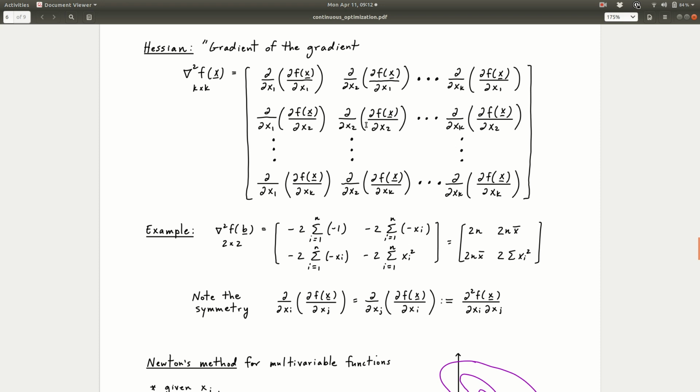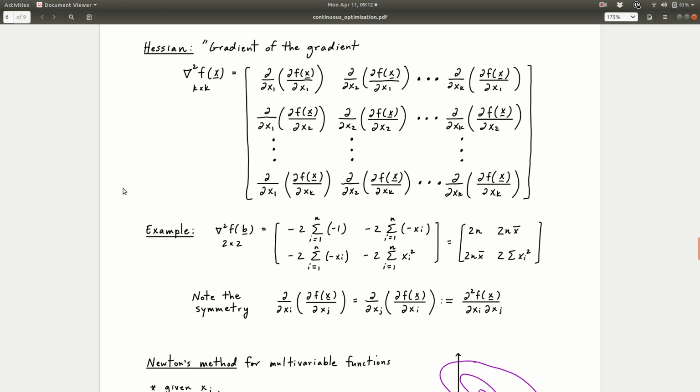Second row is the gradient of partial f partial x2. That just means the derivative of that thing with respect to each entry of x. So if x is a length k input, then the Hessian, which has this upside down triangle squared f of x, is going to be a k by k matrix.